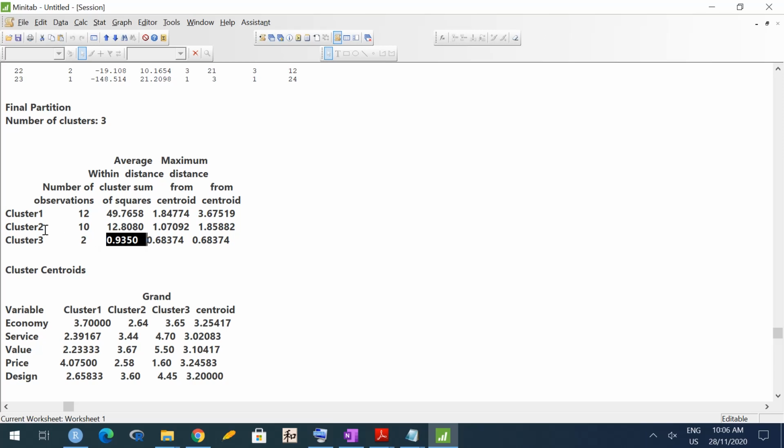So of course cluster 1 is more heterogeneous than cluster 2, and cluster 3 by default is going to be most homogeneous. Okay, so if at all you want to split one cluster further, you should split cluster 1. Another option is to just increase the number of clusters here and see how things pan out.